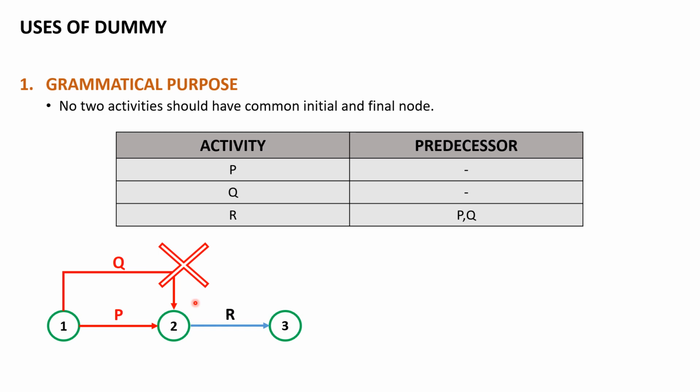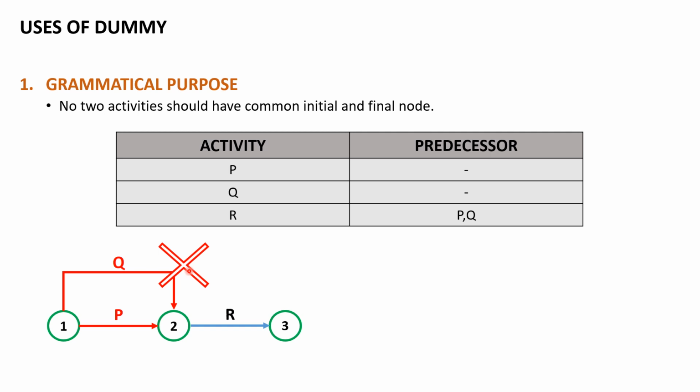In order to avoid this type of grammatical error, we are going to use a dummy activity, which neither consumes any time nor resource. It only consumes the time and resource of the previous activity through which a dummy is drawn. Now we will see how a dummy is going to help us avoid this grammatical error in an AOA network diagram.